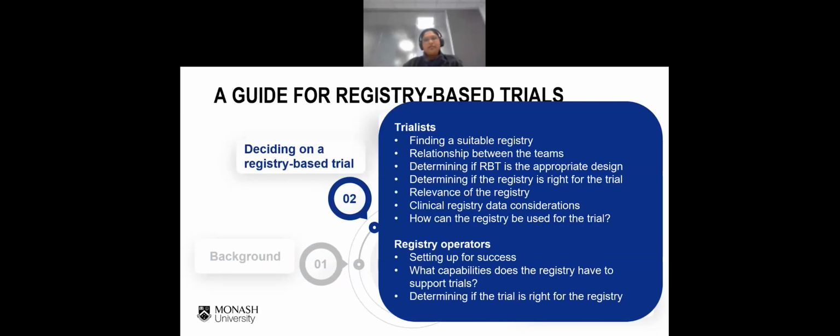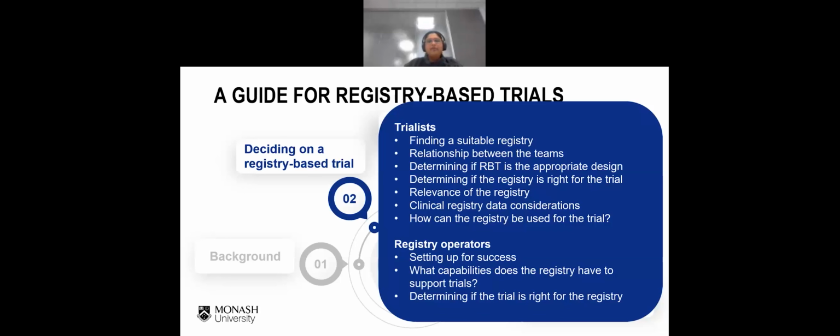The next section, deciding on a registry-based trial, offers guidance on whether this approach is suitable for a research question. So from this point onwards in the guide, considerations for trialists and registry operators are provided separately where appropriate.